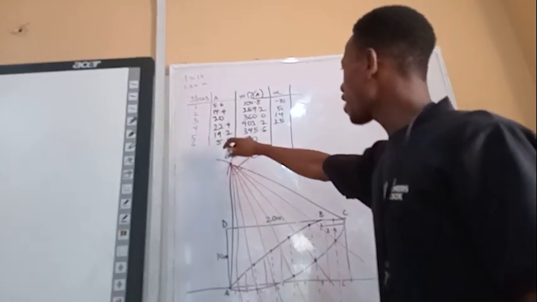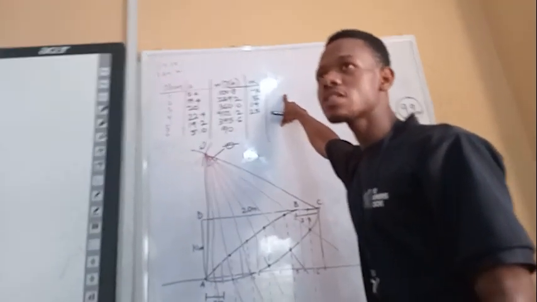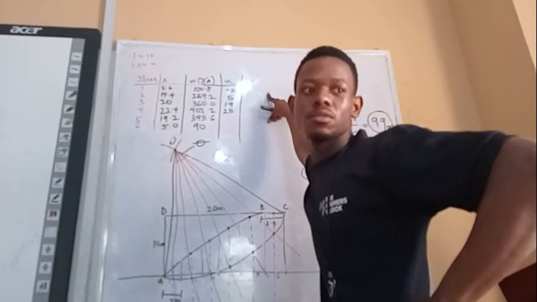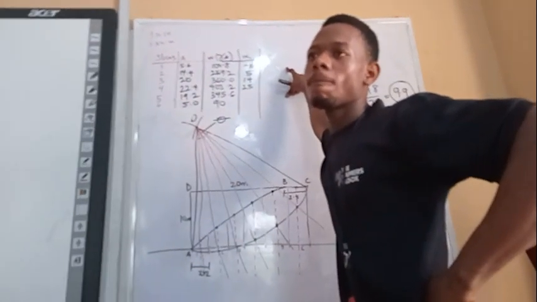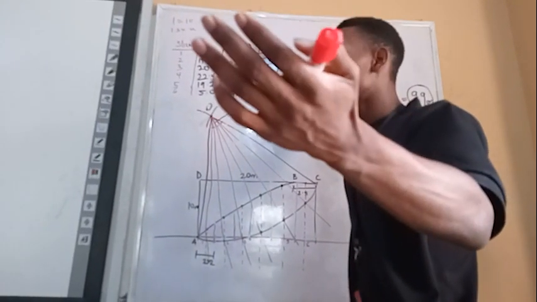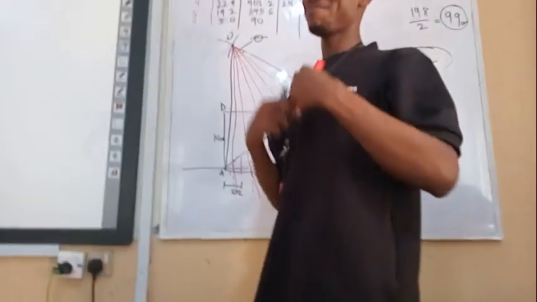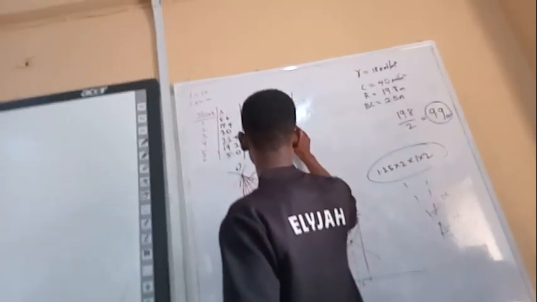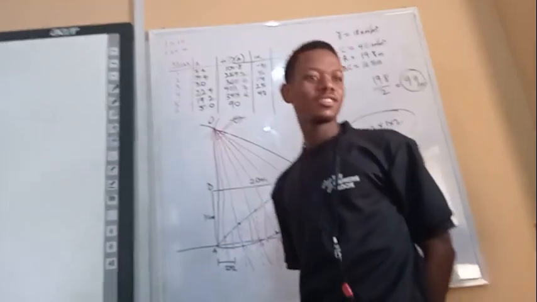Alpha 5: 32, 33, 34, 35. 40, okay. 40. So the last one.